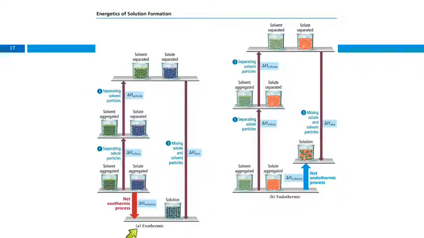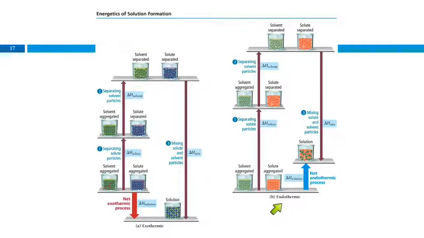In an exothermic solution formation, we're starting with our pure solvent and our pure solute. We have to separate the solute particles, and that requires us to put energy in. Then separating the solvent molecules requires us to put energy in. And then when we allow these to mix together, we get a release of energy. In an exothermic solution formation, the release of energy here is greater than the sum of energy that we had to put in.